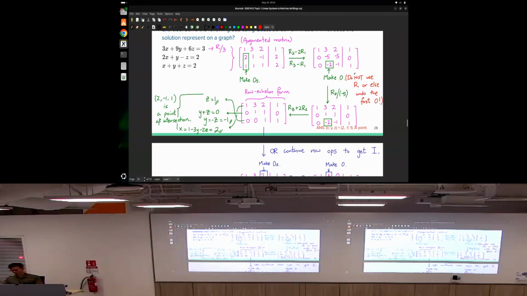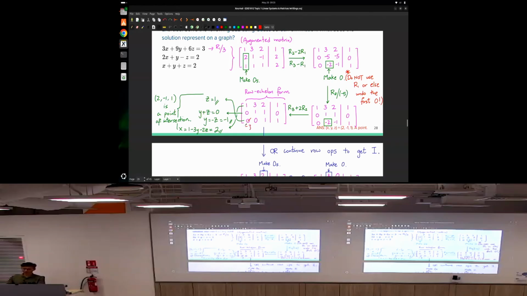I mentioned this during the last class, but I didn't write it down, so I better write it down to reinforce this. Of course you will find out yourself the hard way. If you use row 1 here, you realize that this one pops back already. Let's say this minus 2 becomes 0, then this thing will come back. It will become like minus 3 or something, for example.